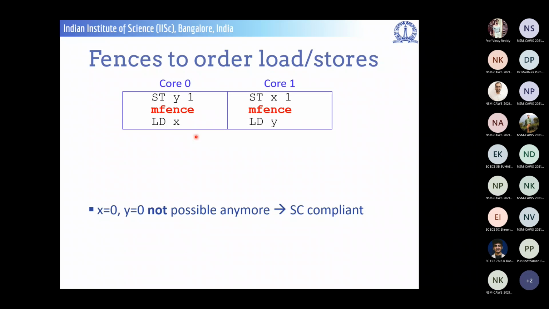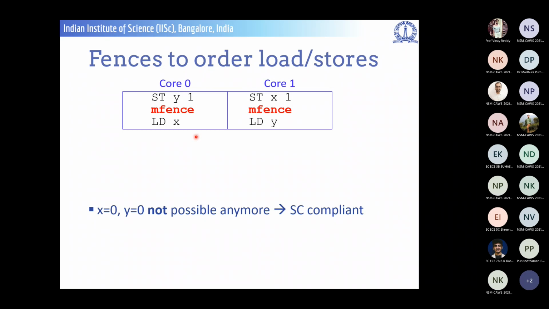So you can say that with these, the x equals 0, y equals 0 outcome is not possible. Your code becomes such that this piece of code will behave the same on a sequentially consistent processor as well as in TSO. It's just that the code gets more complicated. Of course, this is a very simplistic example, but the code can get more complicated.